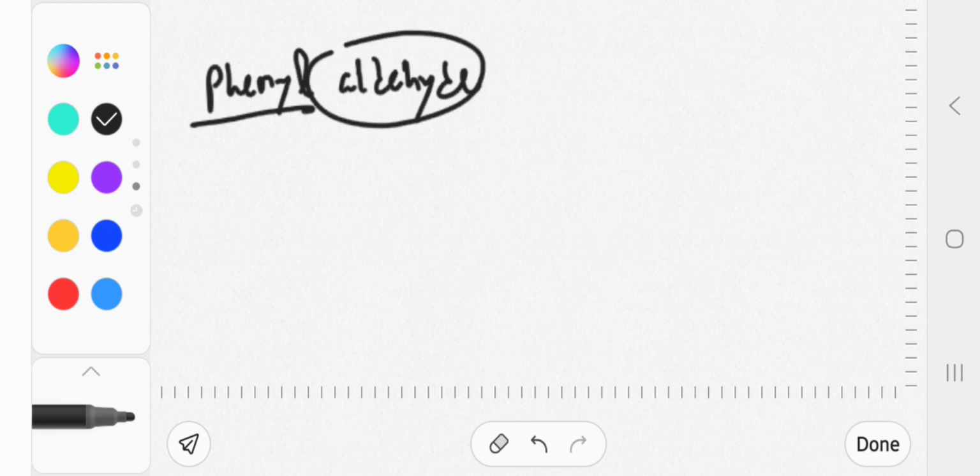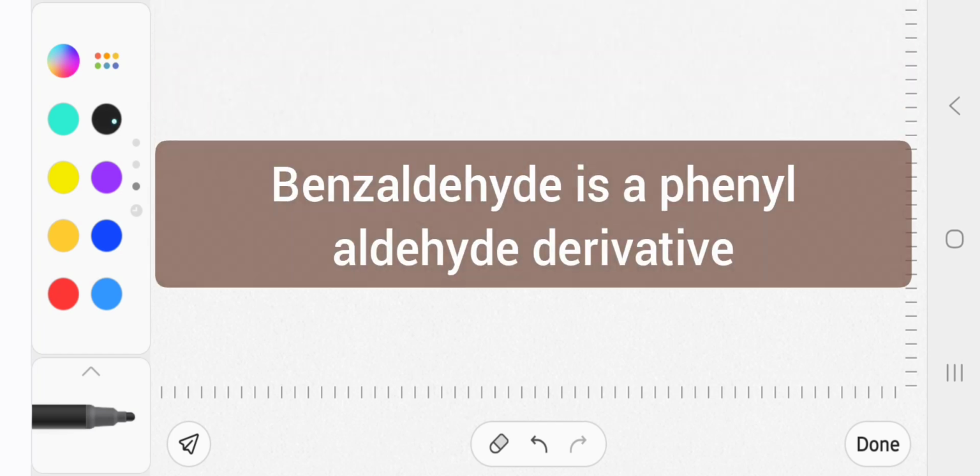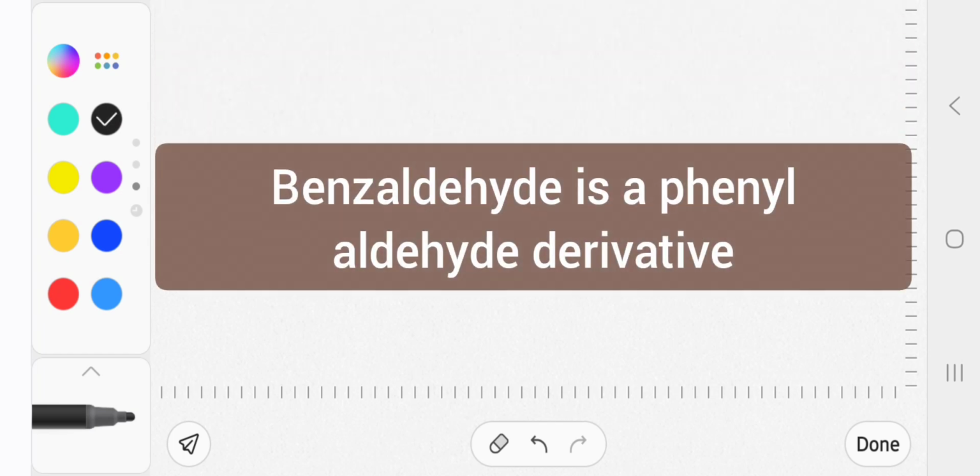They could be the aldehyde, but they should contain the phenyl, which is basically this. So you need to choose which of the phenylaldehydes you want to show the mechanism with 2,4-dinitrophenylhydrazine. In this case, I'm going to be selecting benzaldehyde.